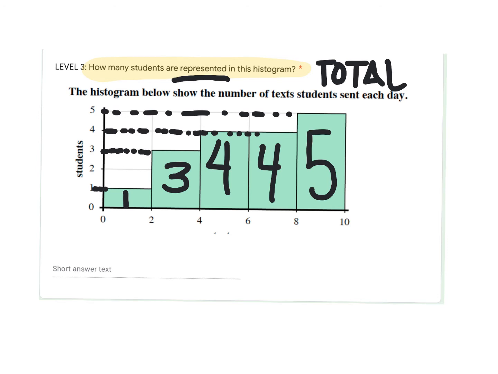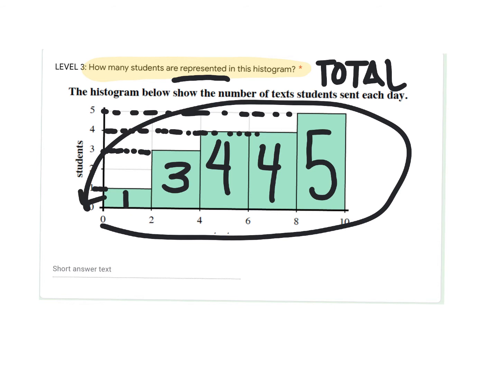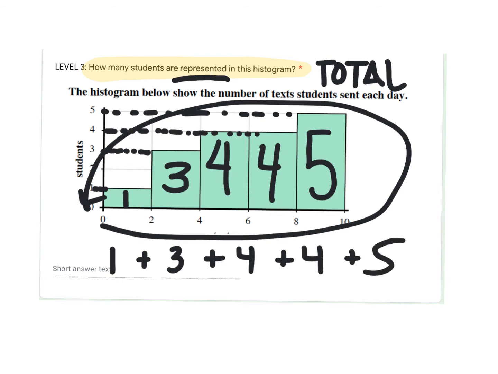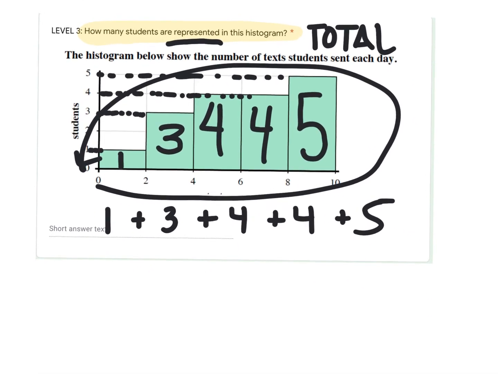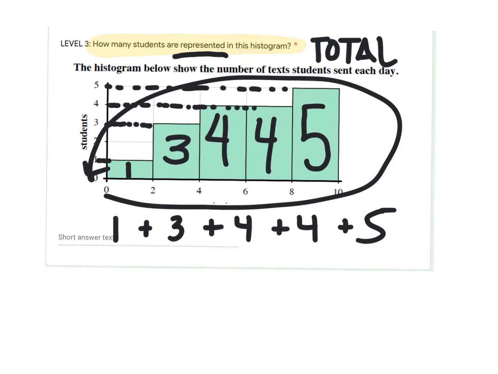So if we want to know how many people are represented, we are looking for the whole. That means we need to add 1 plus 3 plus 4 plus 4 plus 5. Most of the time you won't see the word total. They will ask how many represented or represented in all.